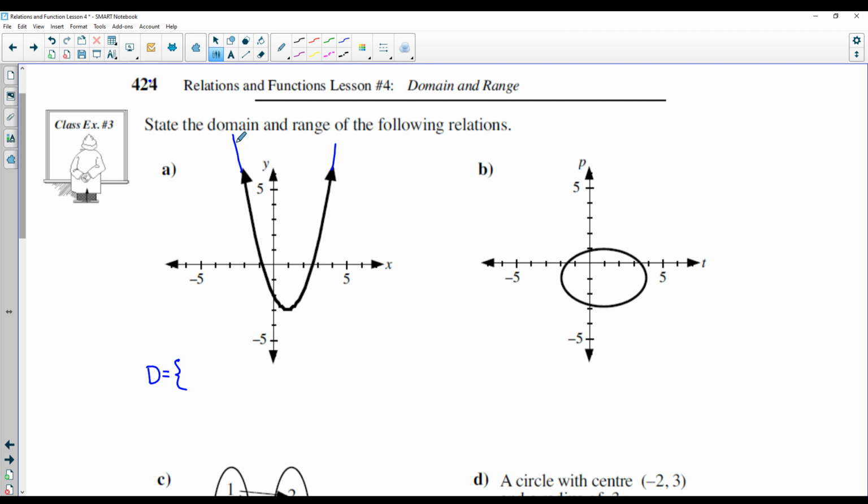Well, if the graph keeps going on forever towards the left and forever towards the right, then we can have an infinite number of x values starting at negative infinity and going to positive infinity. Therefore, I could say x is any real number. So all real numbers with no restriction are allowed for this graph.